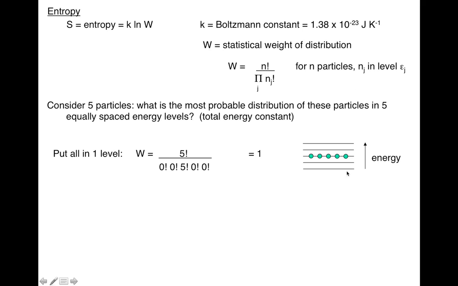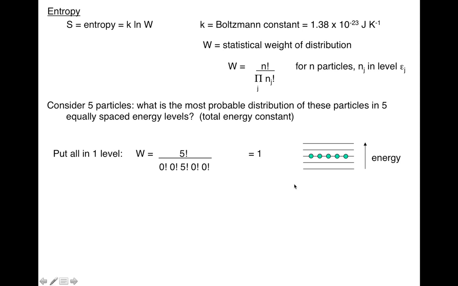Here's our little energy level diagram. We can put all of them into one level, and then compute this weighting term. It'll be 5 factorial, and there'll be none in the other levels, so 0 factorial, remember 0 factorial is 1. So that weight is 1.